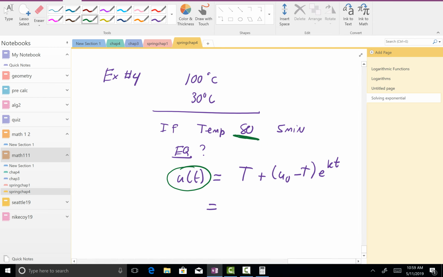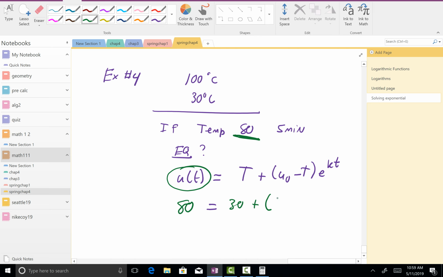We don't know what K is, but we know little t is 5 minutes. So it's just a matter of sorting out everything and putting them in the right spots. All right, so 80 is the temperature after a certain time, which they told us, 80 in 5 minutes. We're trying to find an equation. When we find an equation, we can answer anything they want. So let's work through this.